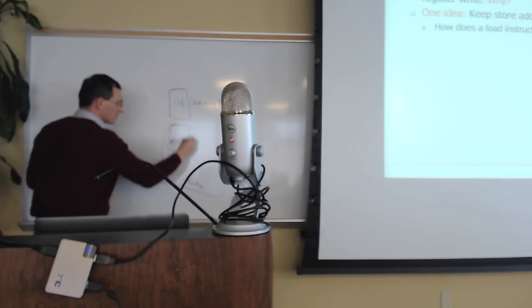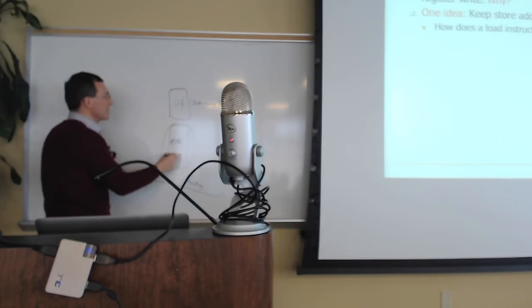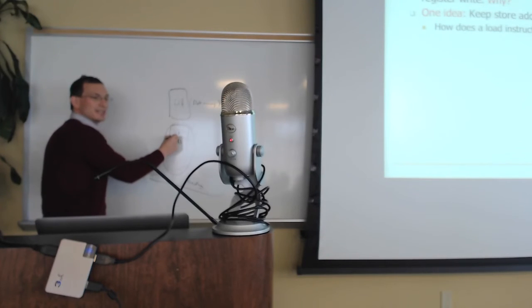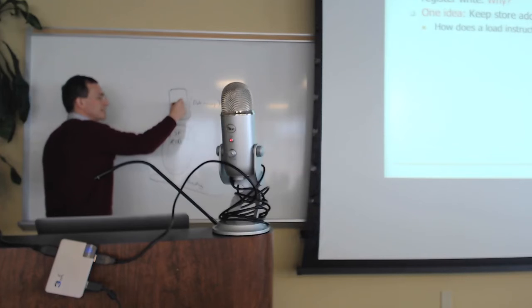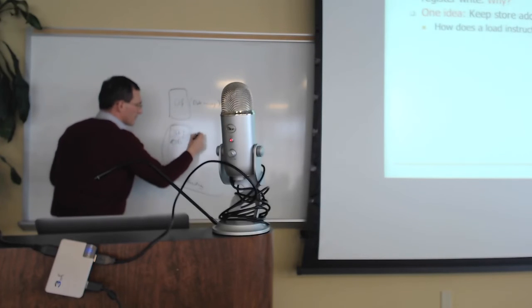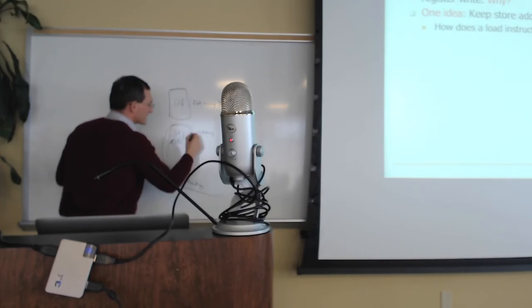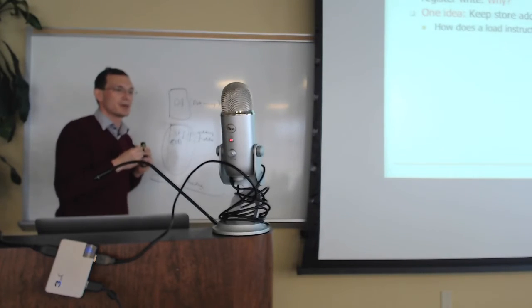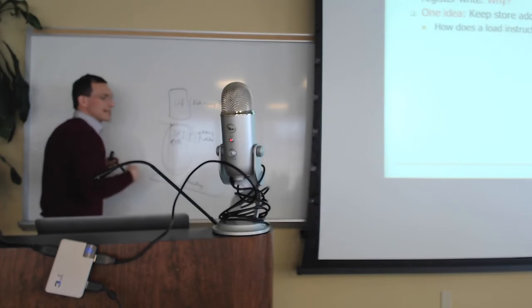And it could come from the reorder buffer, because there may be some store operation over here that is not finished yet, that has not written its value to the data cache, but has its address and data ready, but it cannot complete because it's not the oldest instruction in the machine. Right? Remember, we want to complete instructions in order.